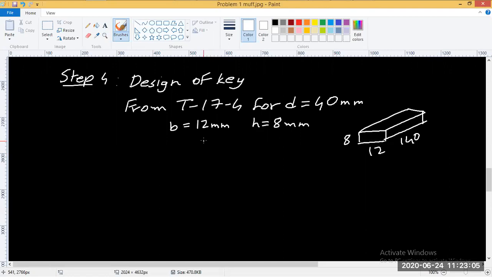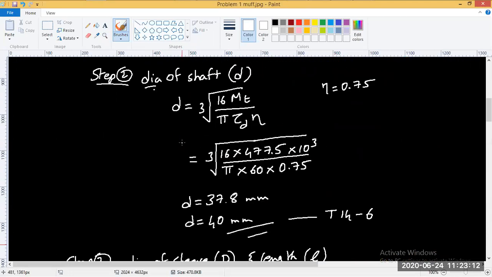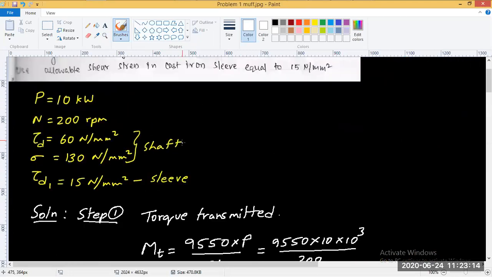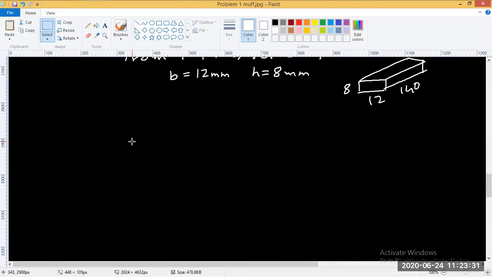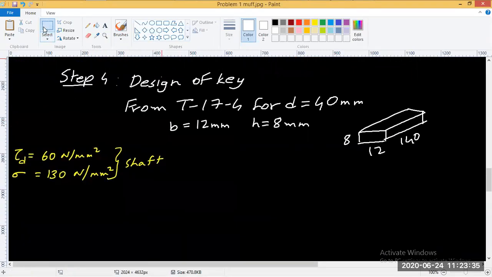Now we need to check whether these dimensions are suitable for the given stress values. The stress values were given here in the data for shaft, these two values, 60 and 130. Let me just copy this. These both are the limits. We need to check whether they are falling within this range or not.